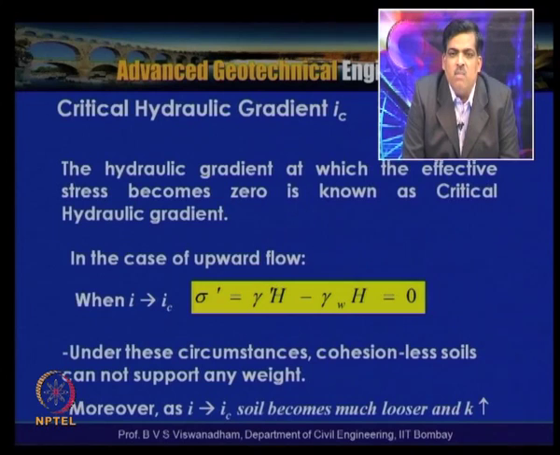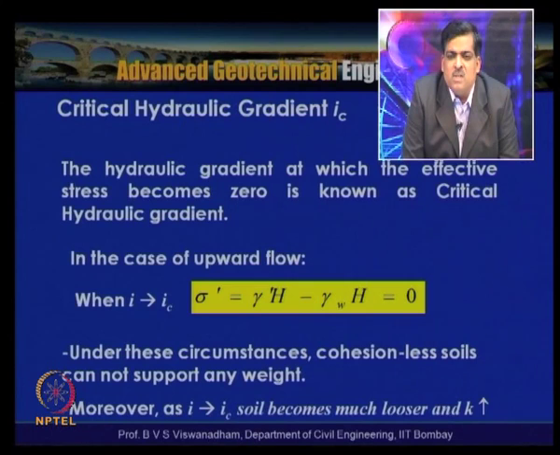For example, we have discussed in the previous slides that effective stress sigma dash is equal to gamma dash H minus i gamma w H, that is equal to 0.